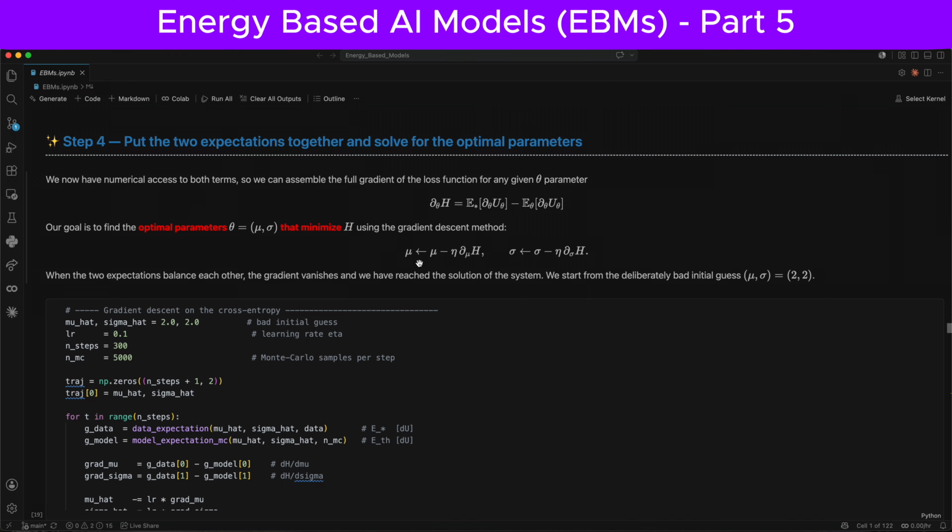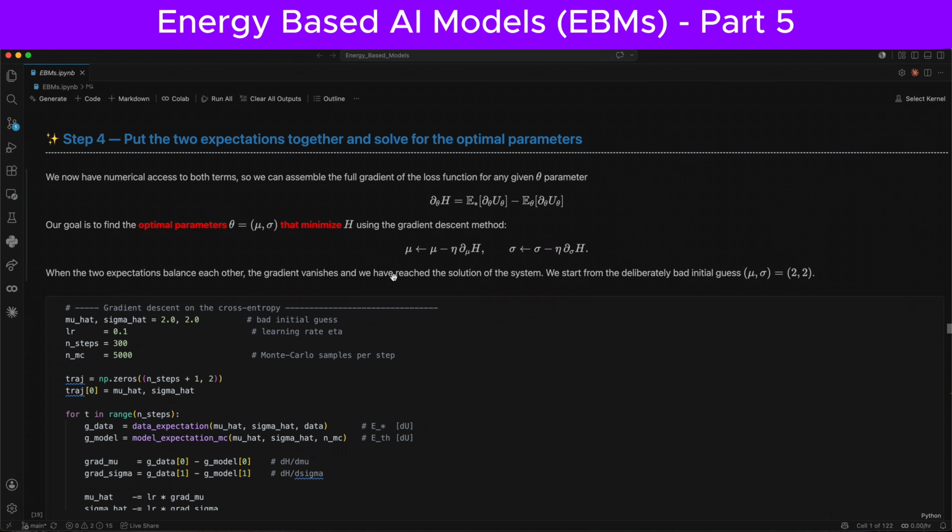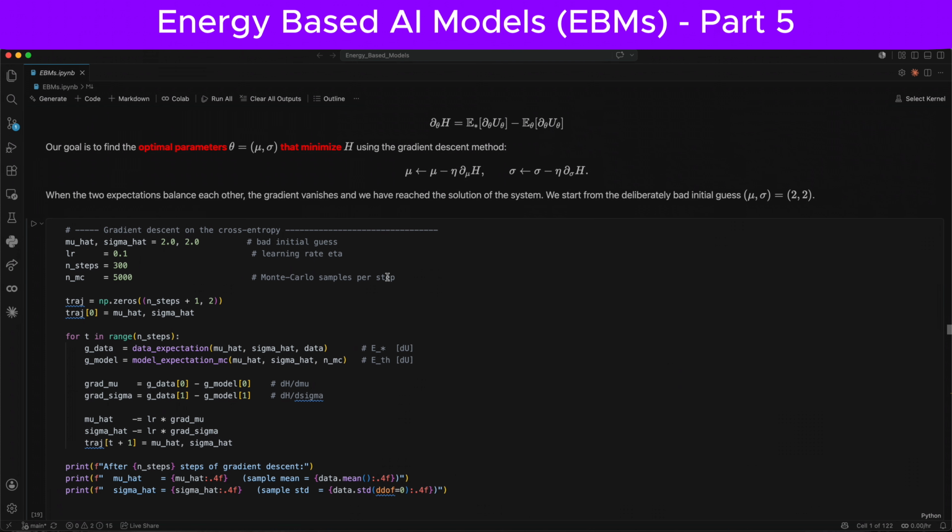Since theta in this example is the mu and sigma of Gaussian distribution, we start from the deliberately bad initial guess of mu equals 2 and sigma equals 2. Next, we compute the gradient above, update the values using the gradient descent method, and repeat. When the two expectations balance each other, the gradient vanishes and we have reached the solution of the system.